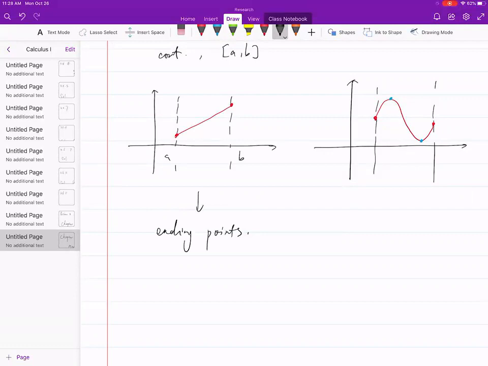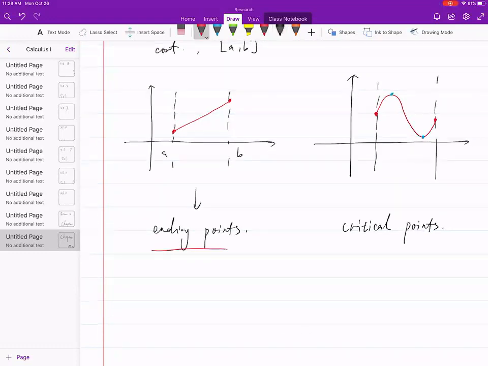We give it a name. We call it critical point. Sounds good? Now here's our statement. If we do have an absolute maximum or absolute minimum, they gotta be one of these. We just don't know which one.